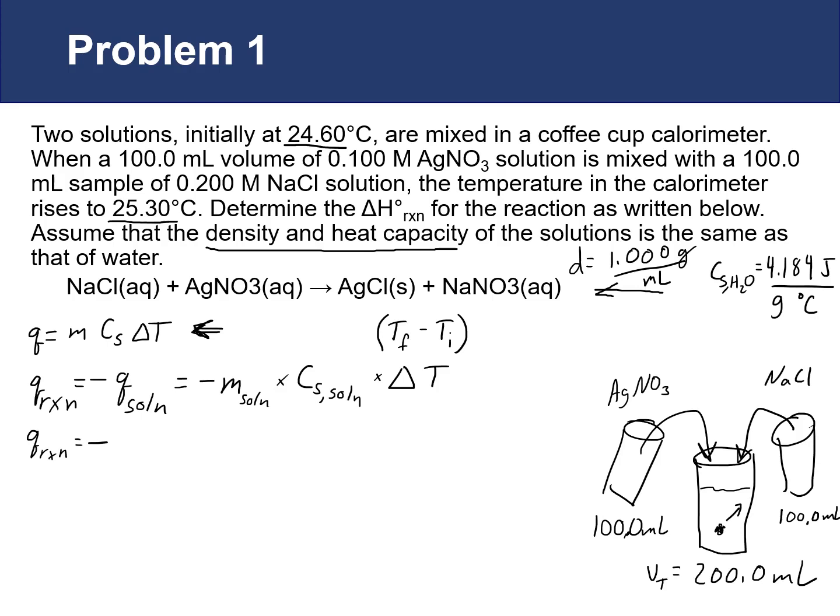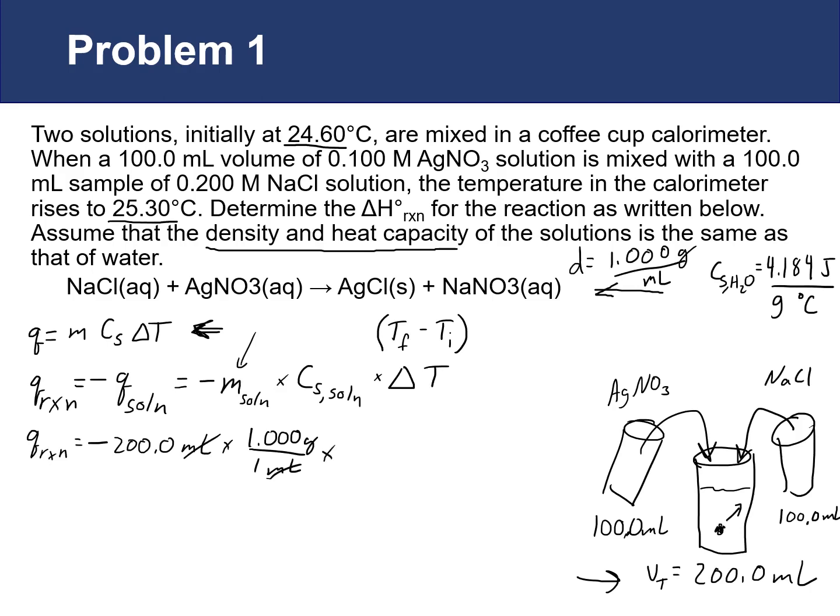Okay, so our Q for our reaction is equal to the negative of, we can now plug our numbers in, the mass here of our solution is the volume total times the density. So this would be 200.0 milliliters times 1.000 grams per 1 milliliter. Our milliliters cancel out. We'd be left with grams of solution.